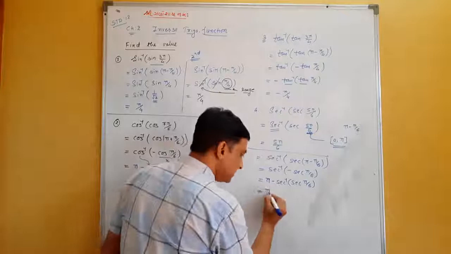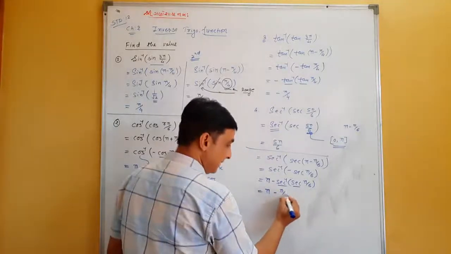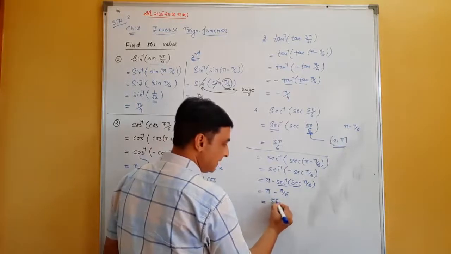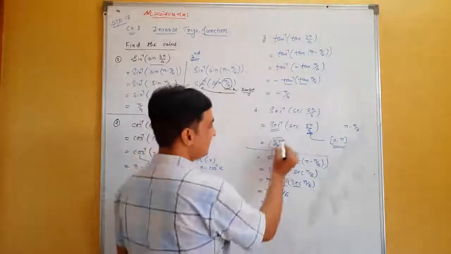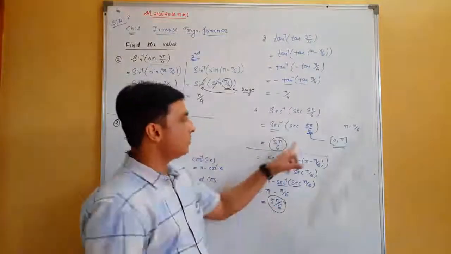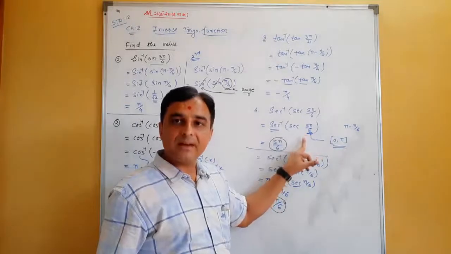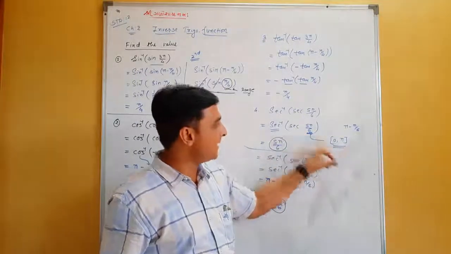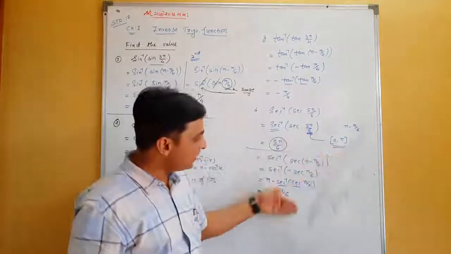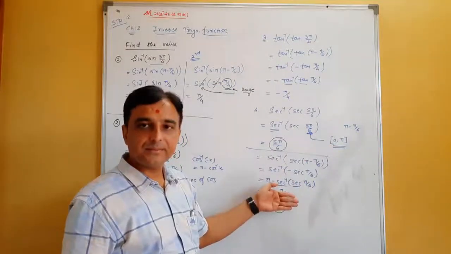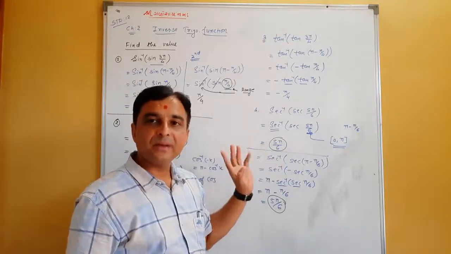Now these both cancel. Pi by 6 remains, so pi minus pi by 6, which is 5 pi by 6. In both cases, the answer is the same. Just remember these things. The range of sec inverse is 0 to pi, and 5 pi by 6 is between 0 to pi, so you don't have to simplify it. The answer will be 5 pi by 6. Got it?